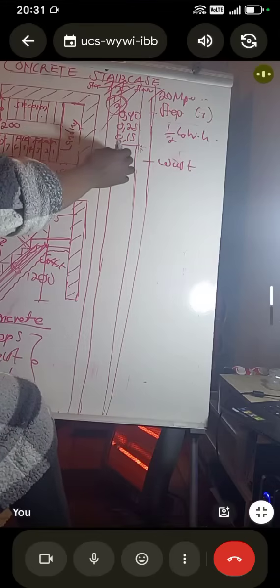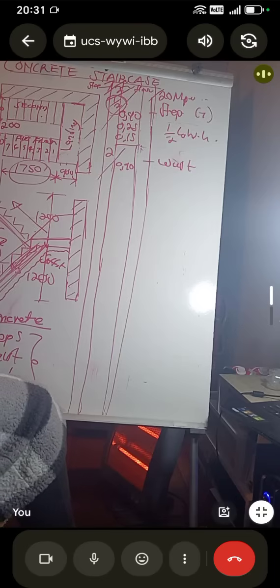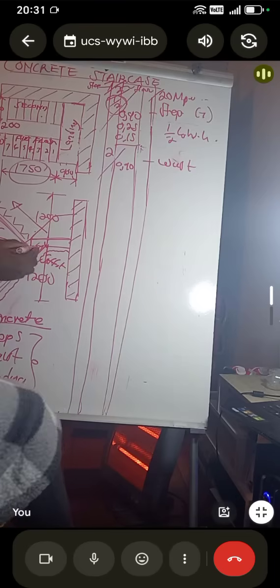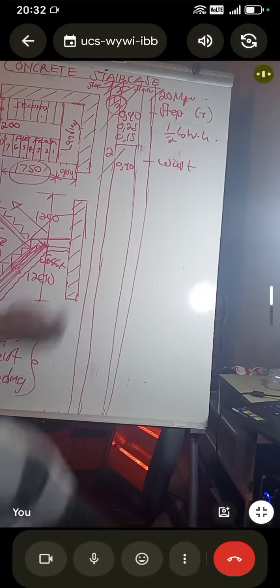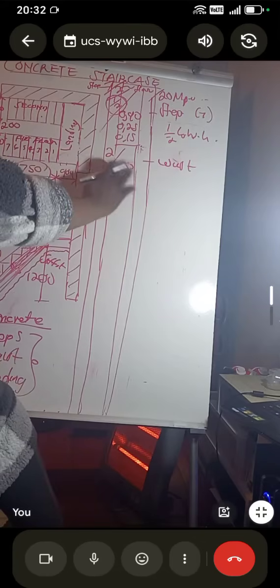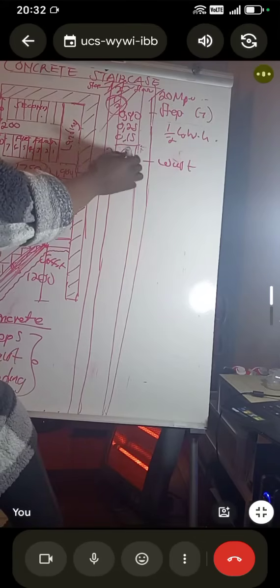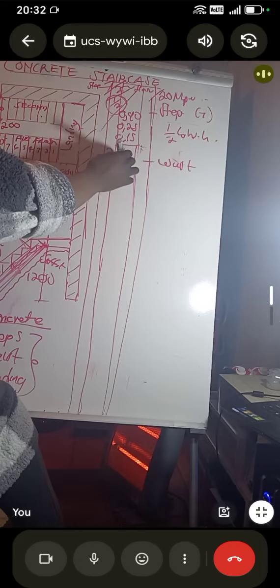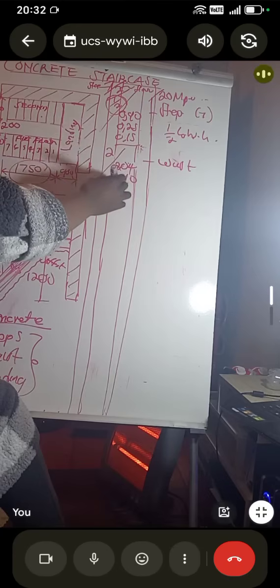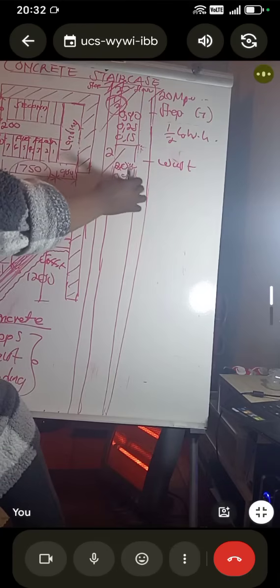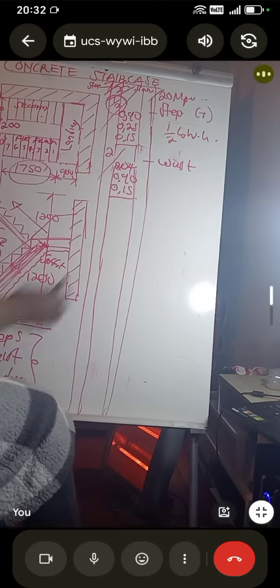The 900 of the width is the length of the waist, and the total length of the staircase from here to here, the one that we calculated, is 2044. So we can start with the length 2044 with 900, and the height is going to be 150. Good.